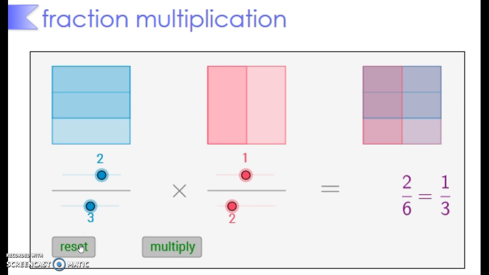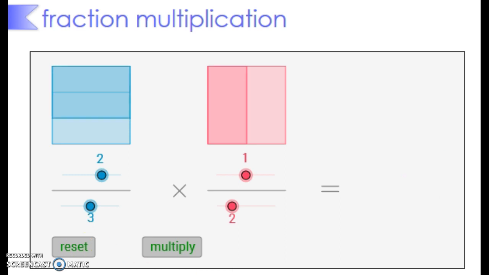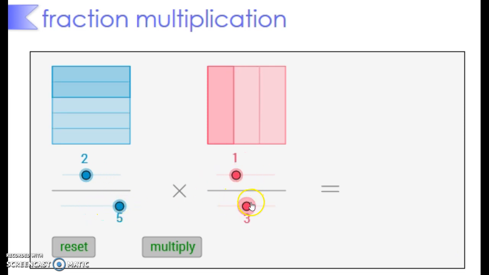The second problem we will do is 2/5 multiplied by 2/3. This time, try to draw the square and smaller boxes on your own to find the answer.